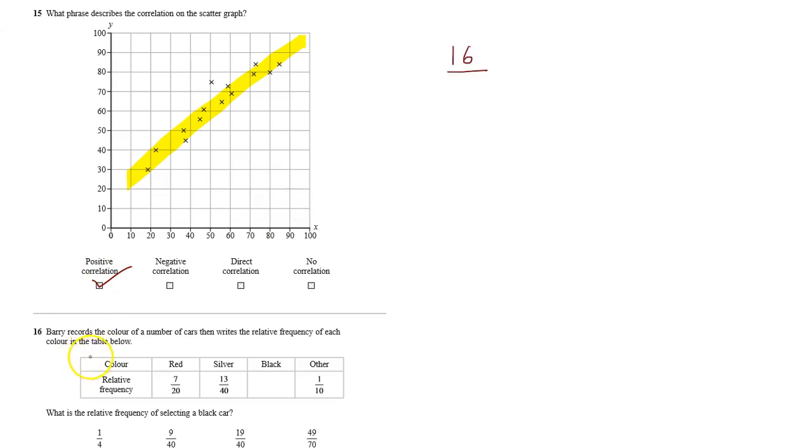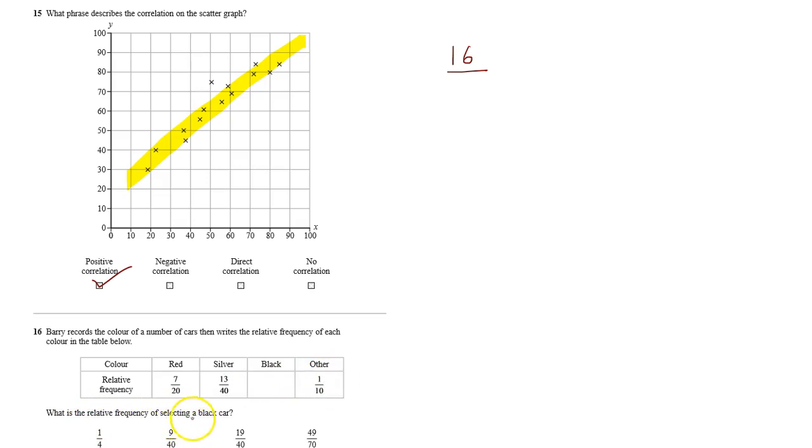Question number 16. Barry records the color of a number of cars and writes the relative frequency of each color in the table below. This is red, silver, black and others. Red is 7/20, 13/40, 1/10.